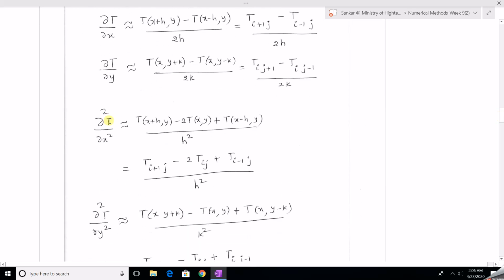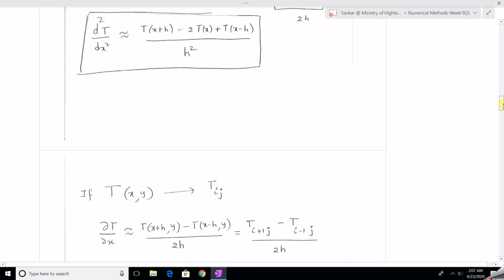So ∂²T over ∂x², the partial derivative with respect to x and second order. So the change will be in only x. y remains constant, no change in y. So ∂²T by ∂x² is approximated by T of x plus h, y minus 2T of x,y plus T of x minus h, y.